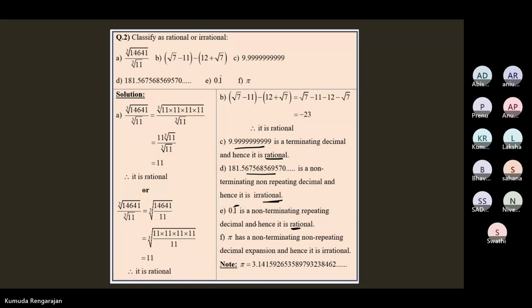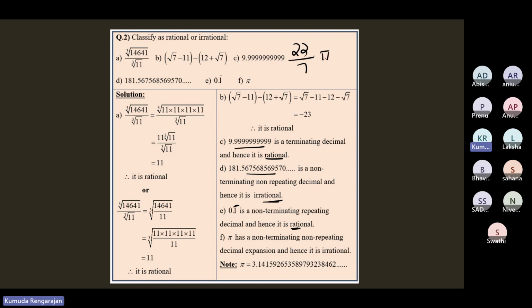Pi has a non-terminating, non-repeating decimal expansion, so it's irrational. But when you say 22 by 7, it has a p by q form, so it is rational. Pi is irrational because of its decimal expansion.